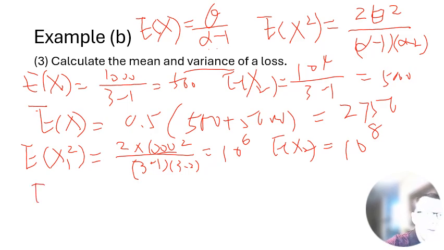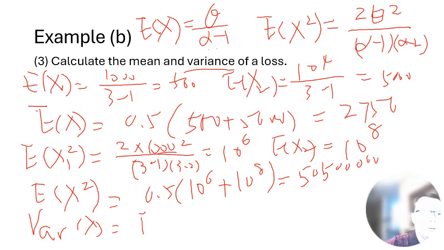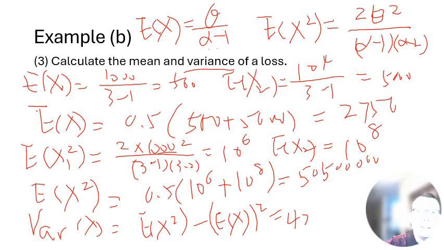Now Ex squared is the weighted average of these two, 0.5 times 10 to the 6th plus 0.5 times 10 to the 8th, which is 50500000. Then for the variance we can use this formula, Ex squared minus Ex squared. This is a formula that we will use a lot and need to remember. Then we put the numbers in, and eventually you will get this.